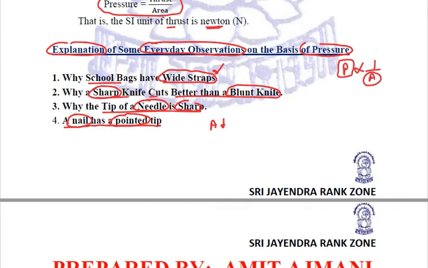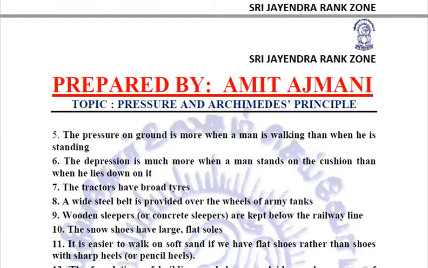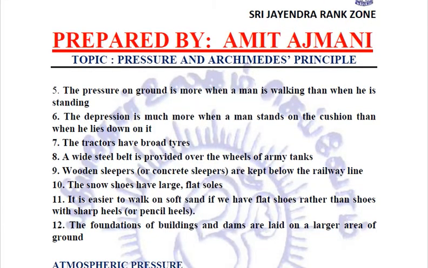There are so many other observations based on the same explanation. Let us see. The pressure on the ground is more when a man is walking than when he is standing. Now, what could be the possible reason? Very simple to understand: when a man is standing, he is standing on both his feet.